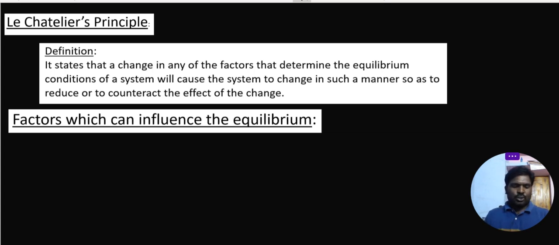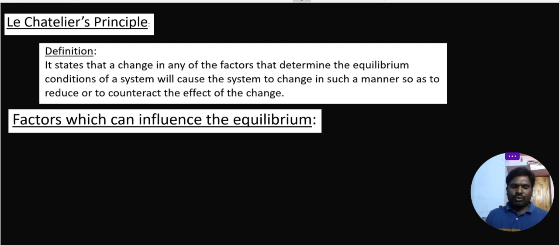Okay. So Le Chatelier's principle definition: it states that a change in any of the factors that determine the equilibrium conditions of a system will cause the system to change in such a manner so as to reduce or to counteract the effect of the change.